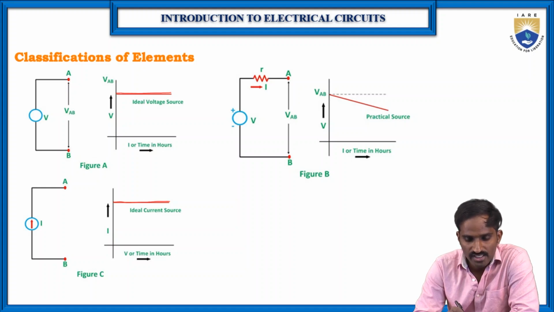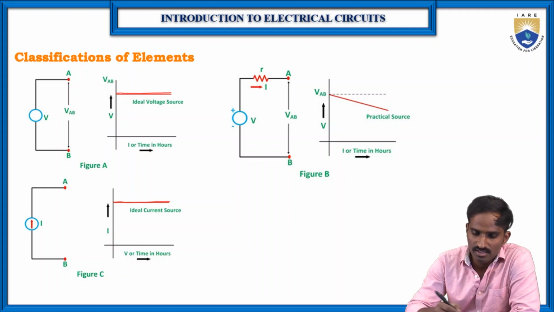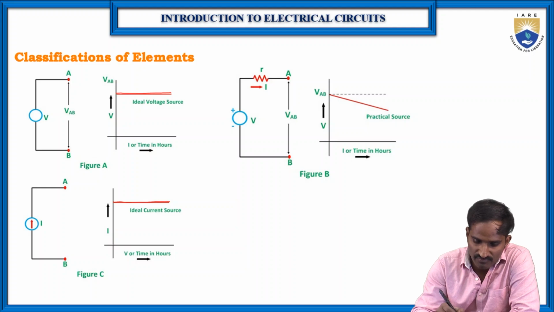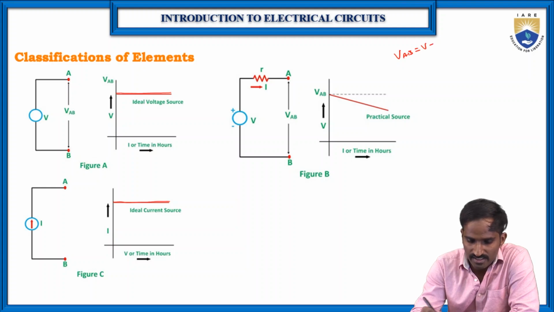Then the voltage across these two terminals AB will depend on the current flowing through the resistor, because as we know, VAB is equal to the voltage V minus the voltage across the resistor VR.